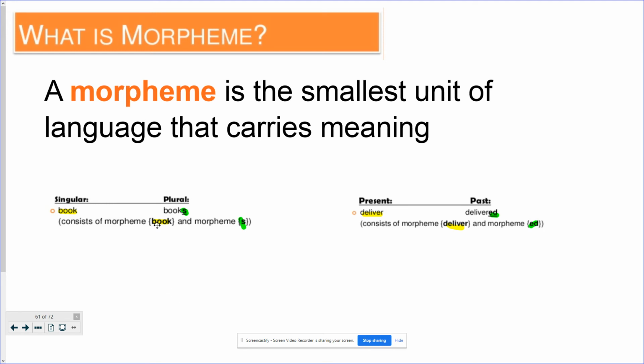Just like you could do past tense, ED says past tense. So if you deliver something, that's one morpheme. ED makes it past tense, so you delivered it. So you've got two morphemes, deliver and ED for past tense.